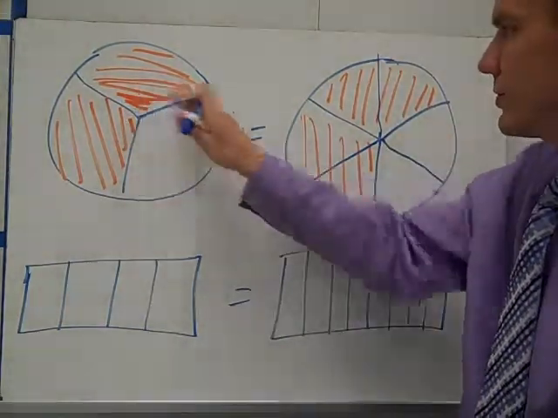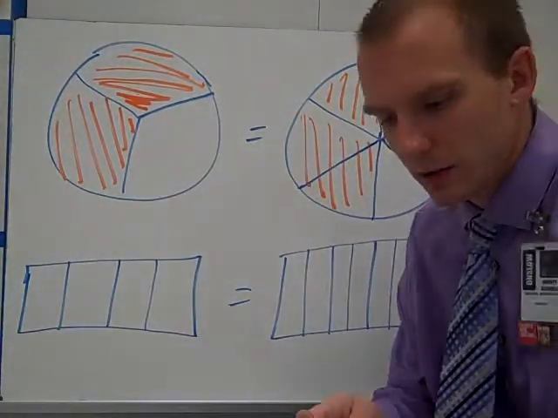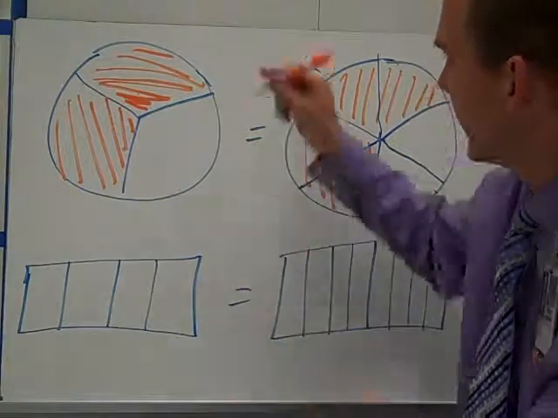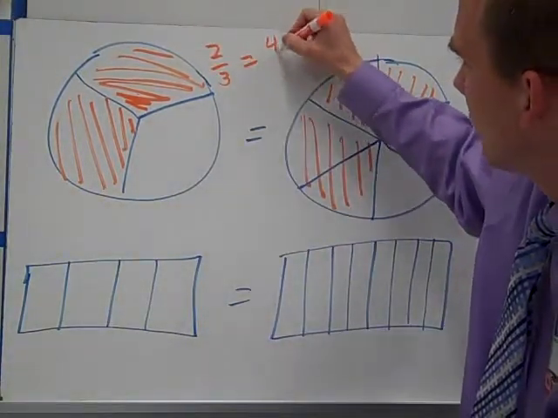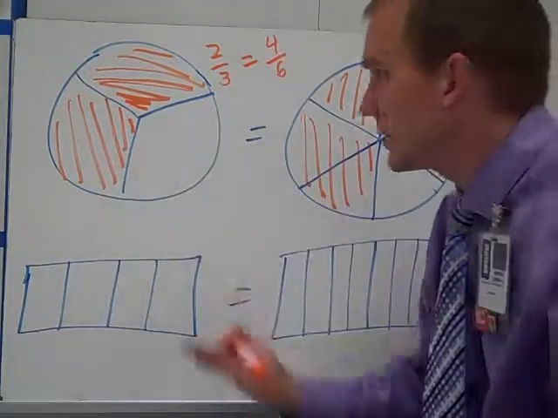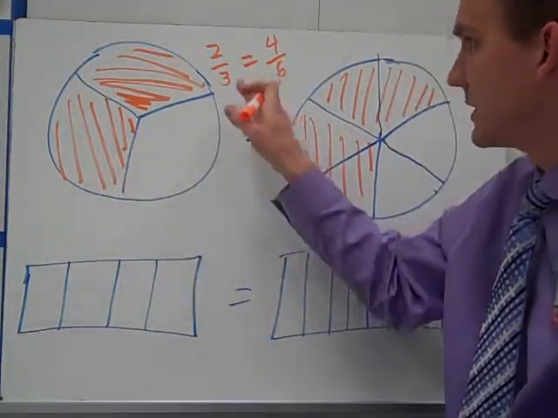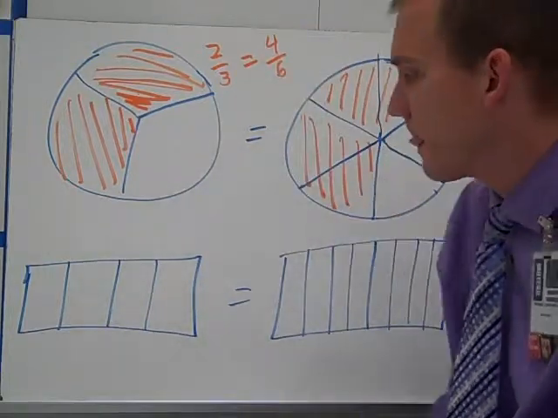And so 2/3 would be the same as 1, 2, 3, 4 sixths. So I can write here 2/3 equals 4 sixths. When you're dealing with the same whole, if it's cut into thirds, 2 would be the same amount of space as if it was cut into sixths and you had 4 shaded.